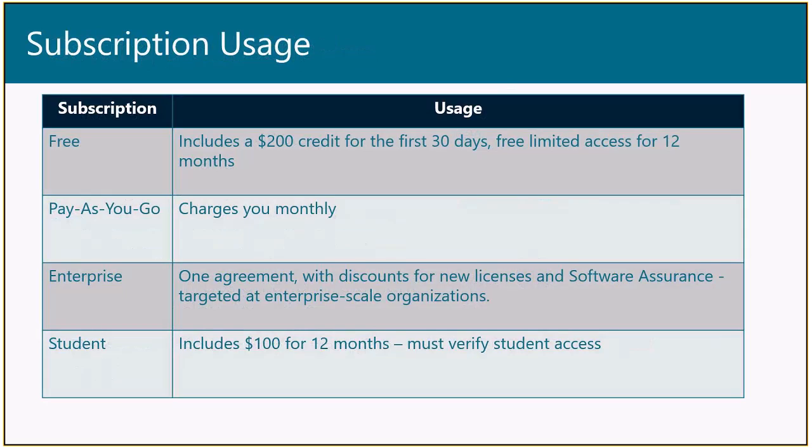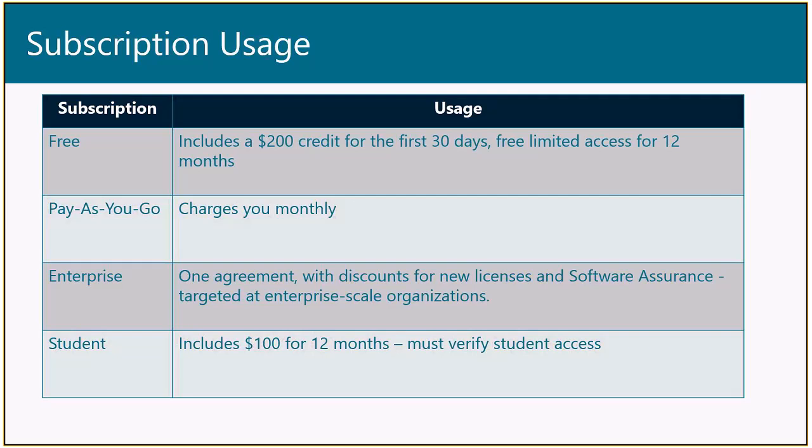Most of you, I know I provided you the link to get the free subscription for 30 days. I don't know if anybody took advantage of that, but it includes a $200 credit for the first 30 days and free limited access for 12 months. So that's pretty cool. Then there's monthly pay as you go, which is what I have.